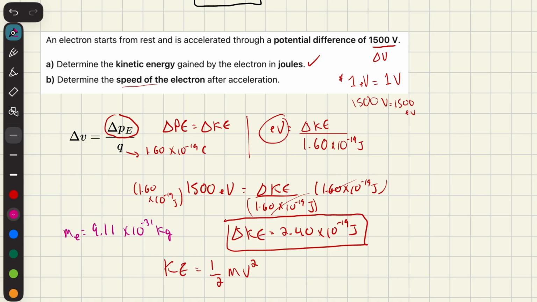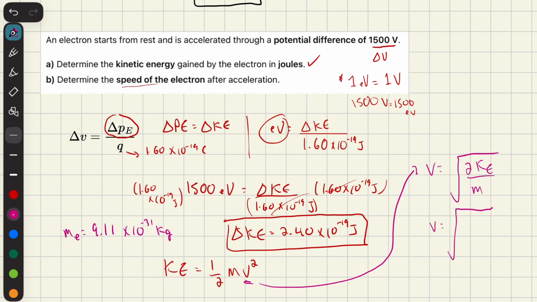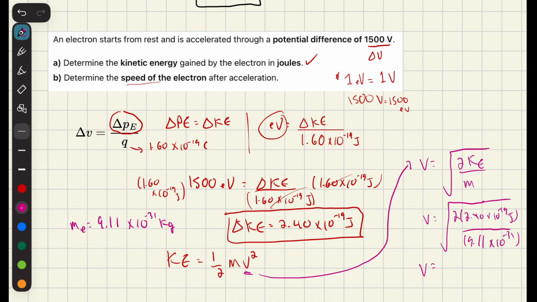It's a very, very small amount. It's a subatomic particle. So, if we isolate for our V, this is going to give us our speed. And when we plug all of that in here, we end up getting about 2.30 times 10 to the 7 meters per second.